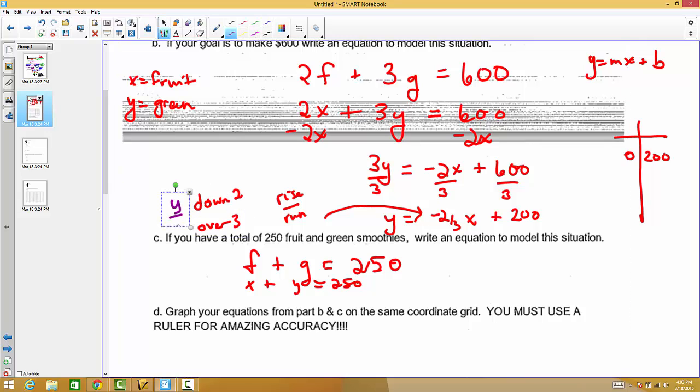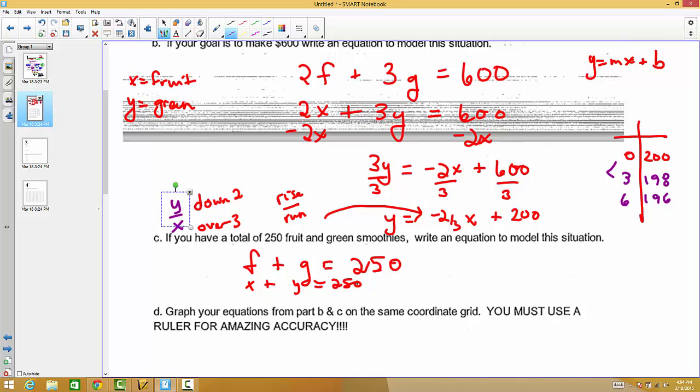This is your y and this is your x. So as you go over 3, you're going down 2. So 3 would give you 198. So 6 would give you 196. So this is going to take quite some time.